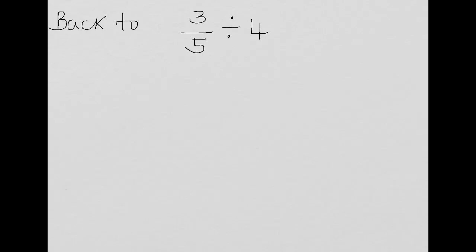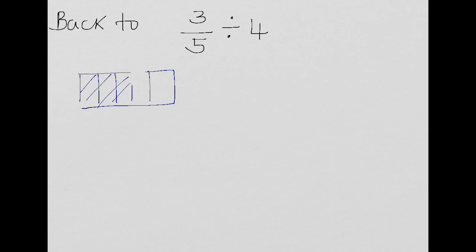Now, 3/5 divided by 4, we have just done beautifully. And we drew out this diagram for 3/5. I'm going to try and draw it a little bit smaller because I want to fit a lot on this page. And we shaded in our 3/5.